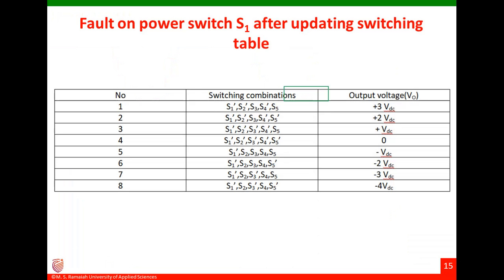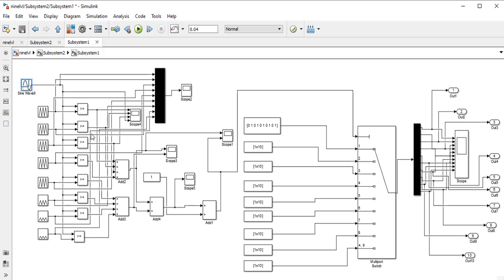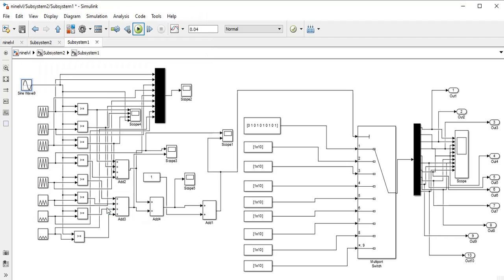To clear this fault, we have to update the switching table with redundant states that don't contain switch S1. But the output obtained is still an asymmetric wave and the percentage THD is further increased to 56.73%. Thus, to make it a symmetric wave, we have to update the modulation index from 1 to 0.75.